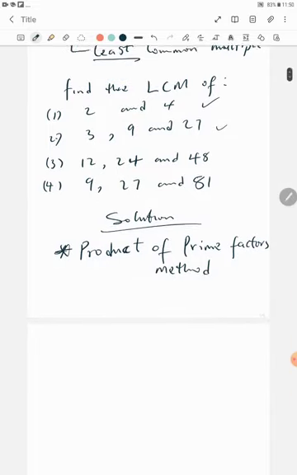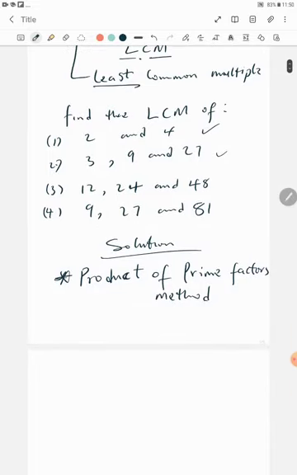I brought back the same examples that we used in the last video, so that we can compare. We already know the answer of the LCM of 2 and 4. We know that here we got 4, here we got 27, here we got 48, and in this one we got 81.